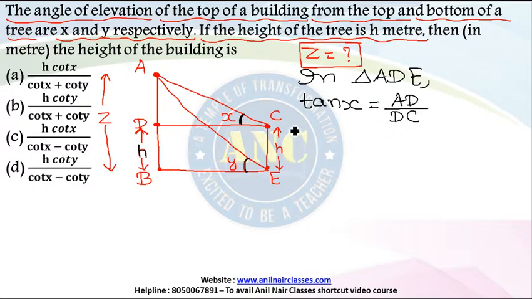Adjacent is nothing but DC. Now I don't know this AD value. AD happens to be, from the entire Z value, subtract this h value, so AD is Z minus h.